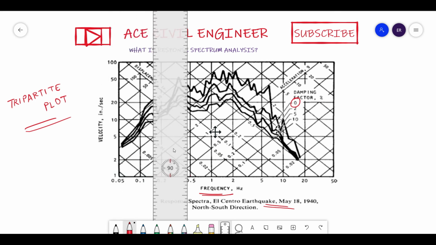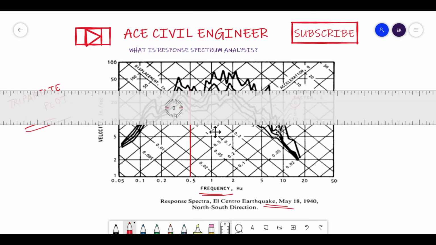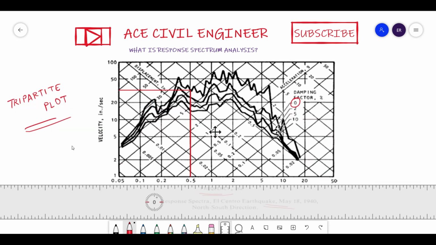So for this 0.5 frequency, what they will find is they will find the velocity like this. So here, friends, they will find out what is the exact response of the spectral velocity. That they will find out to be something like 35 inch per second is the velocity.